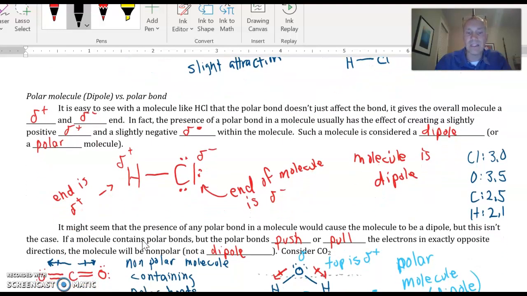However, it's not that easy to define something as being polar, because there's actually a way that molecules can have polar bonds within them, but the overall molecule is not polar. That situation happens whenever you have polar bonds, but those polar bonds either pull away from each other in exactly opposite directions or push towards each other in exactly opposite directions.